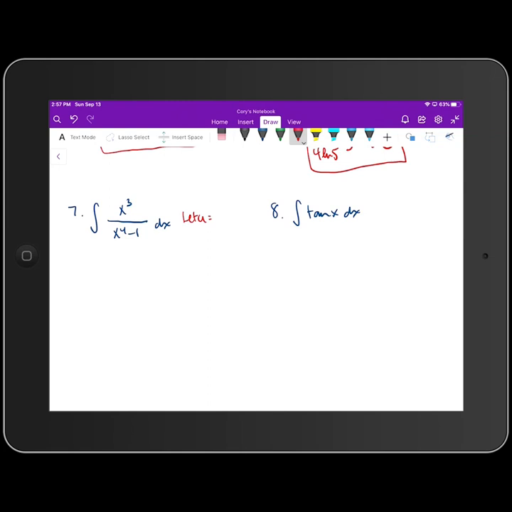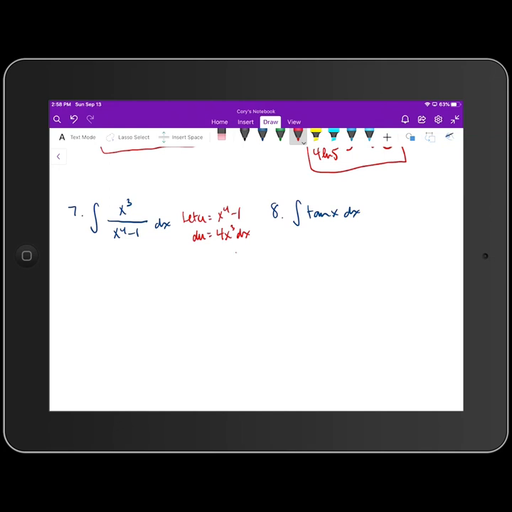In a lot of instances where you have a quotient, you're going to want to let u equal the denominator of your quotient. The reason being is that when you differentiate that function, the derivative of u is going to wind up becoming 4x cubed dx.